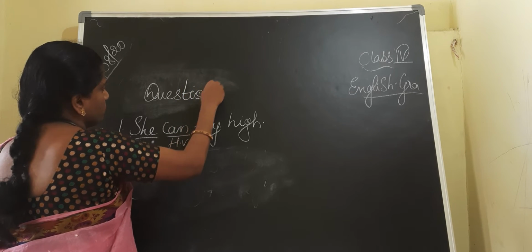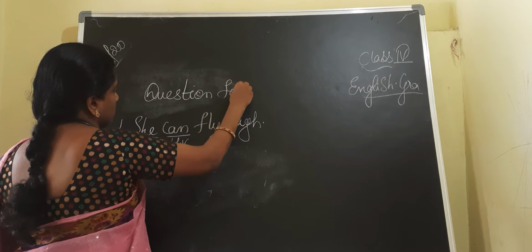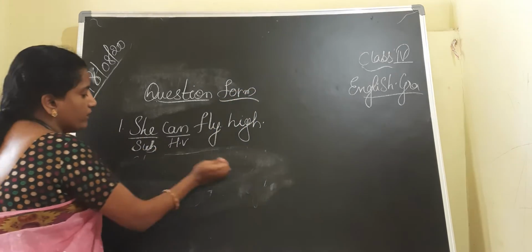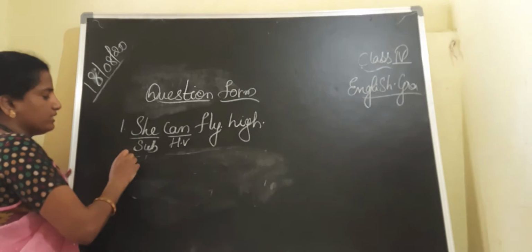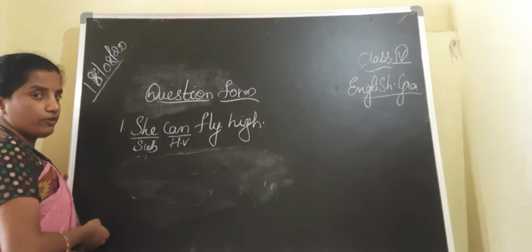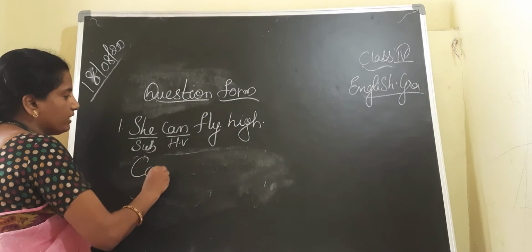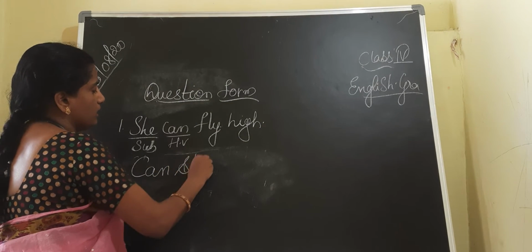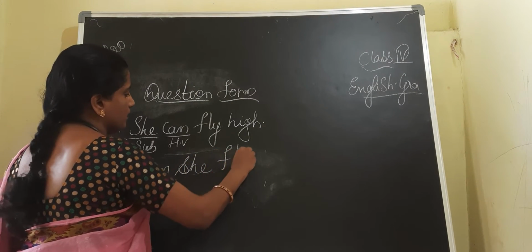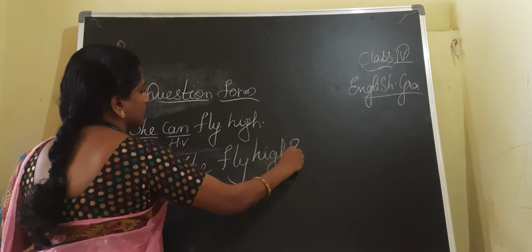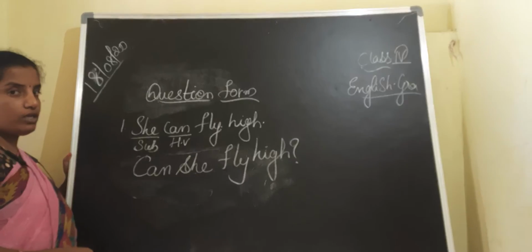How to frame the questions when there is a helping verb in a sentence. What is the helping verb in the given sentence, children? Can. So we add can: can she fly high? At the end we have to keep the question mark.